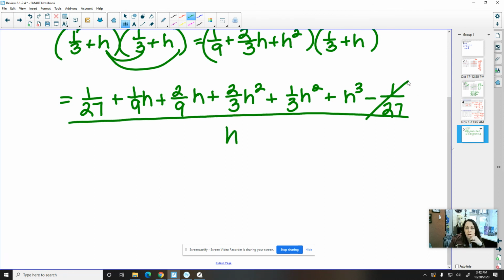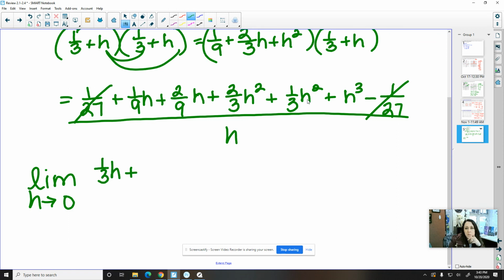And so you're going to look for things that cancel, which there's not that many. Those two items do cancel. And then if you look at all your terms you have left, you do have like terms. So I'm going to combine those. 1/9 h plus 2/9 h would be 3/9, which is equal to 1/3.